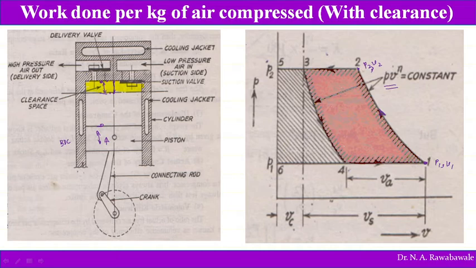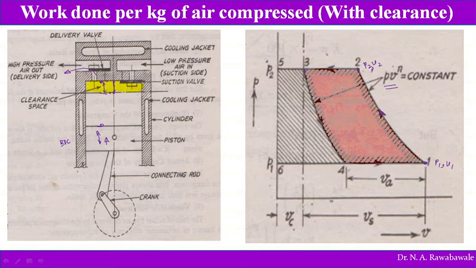As soon as the pressure reaches the maximum pressure P2, the delivery valve opens and the air is passed into the reservoir. So air starts to be delivered from point 2 to 3.